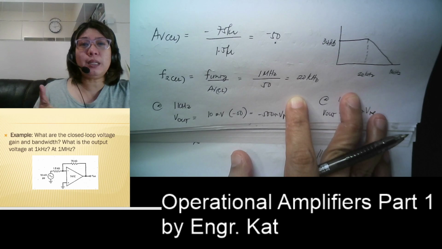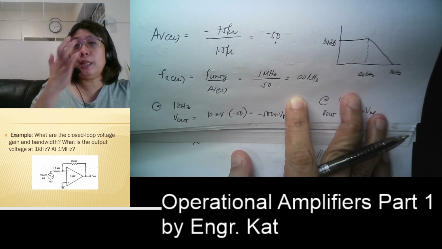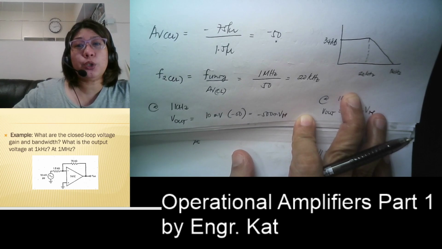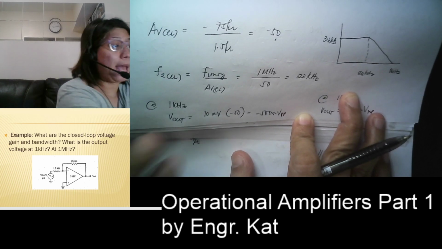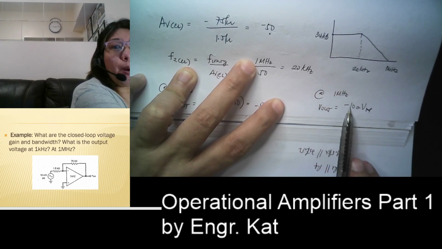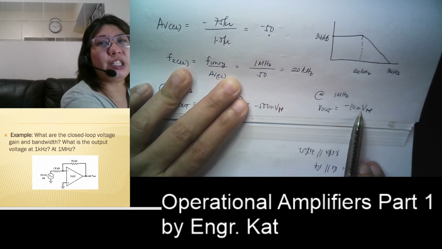However, once it reaches 20 kilohertz, it will be decreasing by 20 decibels per decade. And our next question is, what will be the output at 1 megahertz? So at 1 megahertz, our V out is equivalent to negative 10 millivolts. It's not zero.